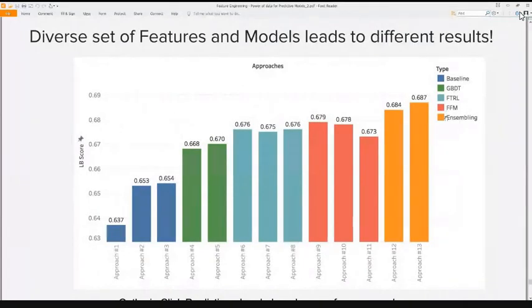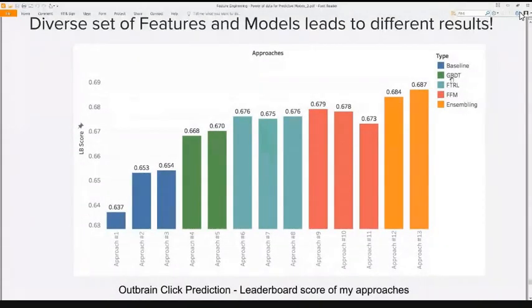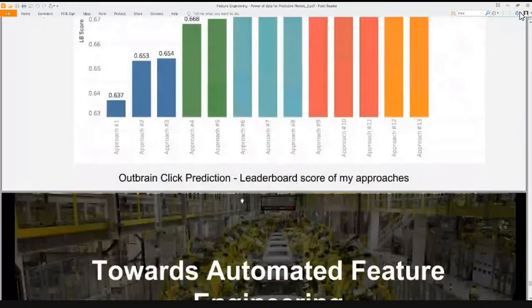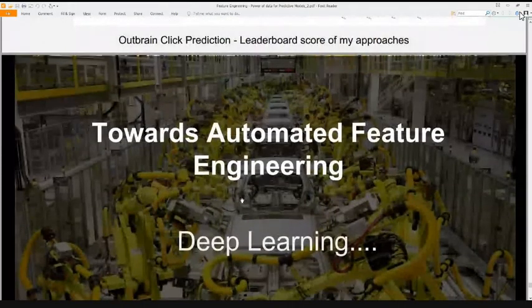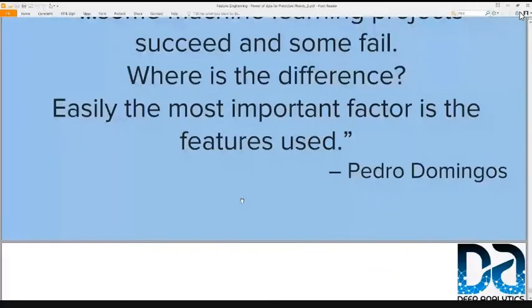Here they used ensembling. These were the models: gradient boosts, gradient boosted decision tree, towards automated feature engineering.